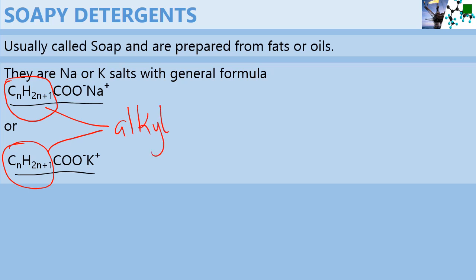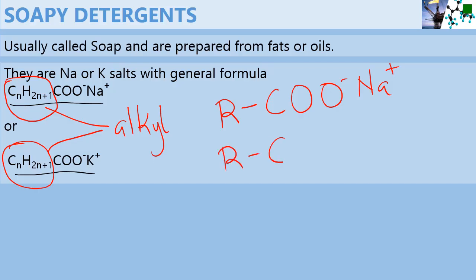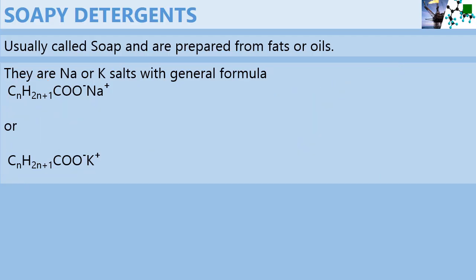And you remember, an alkyl group can be represented by the letter R. So essentially the general formula for soap is this, or we could represent it with the potassium counterpart. Pretty easy, right? Yes. Now let's get into more details.